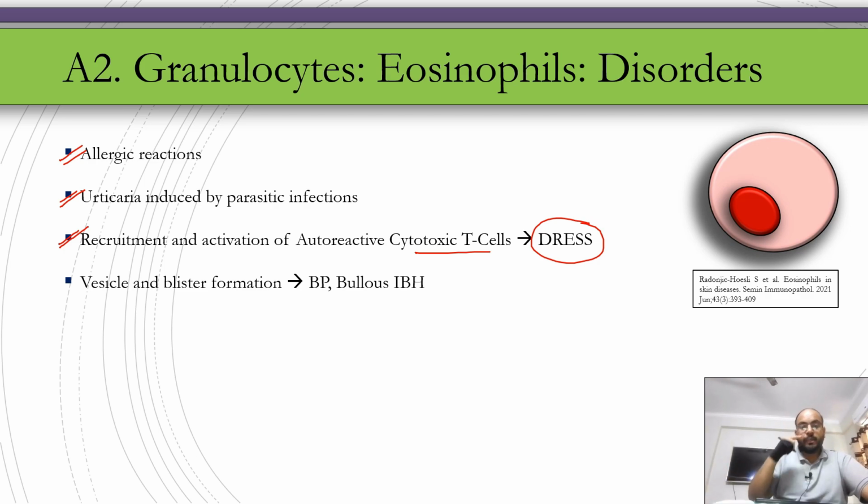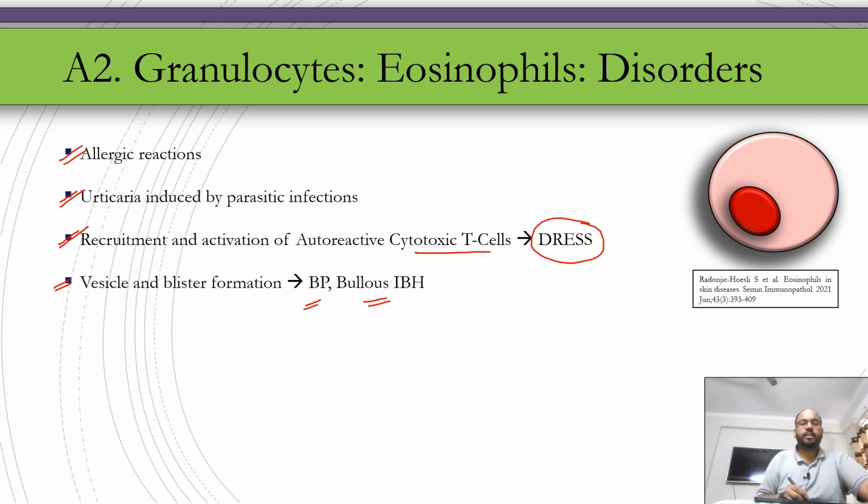We know that there are eosinophilic vesicobullous disorders like bullous pemphigoid and bullous IBH, in which you see the cellular population has a rich content of eosinophils. So eosinophilic granules or chemicals can lead to vesicle formation because of inflammation, and we see that in disorders like bullous pemphigoid and bullous IBH.